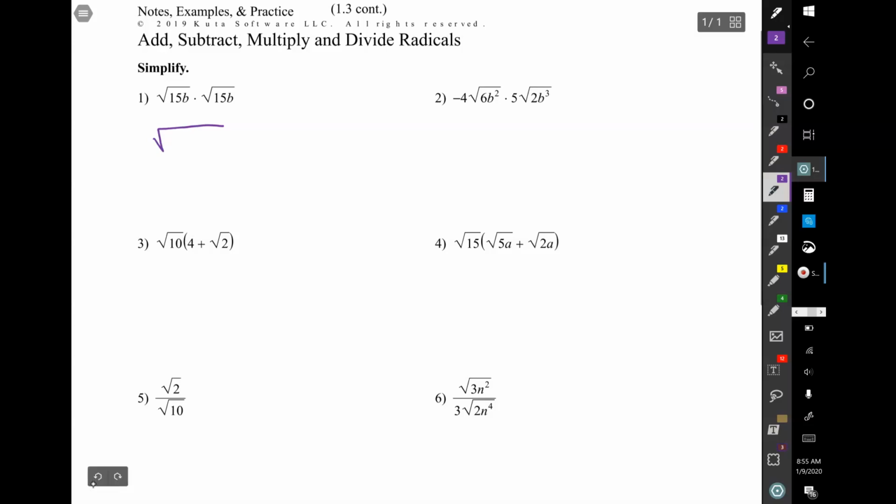But if we didn't know for sure, we would write the square root symbol and then multiply 15b times 15b, which would give me 15b squared. And then when I simplify, as we did in parts 1 and 2, I would just be left with 15b. Remember, we're just doing the principal root because we're not solving anything, we're just simplifying.